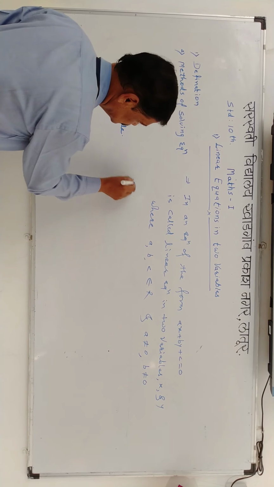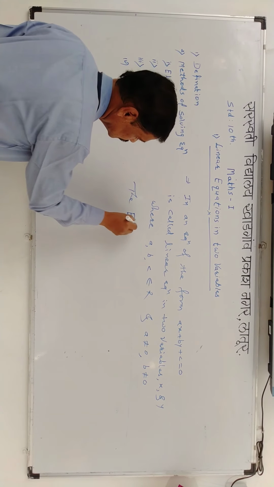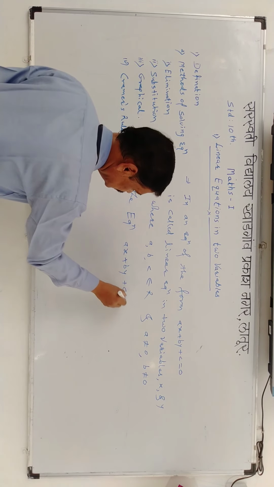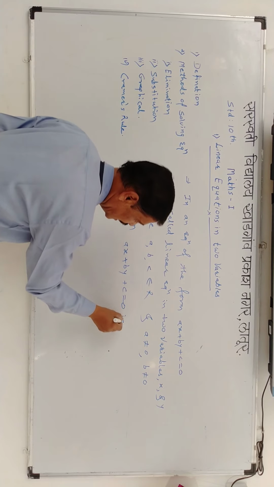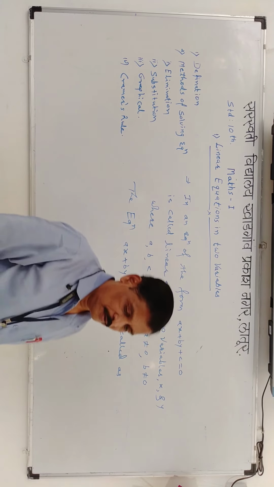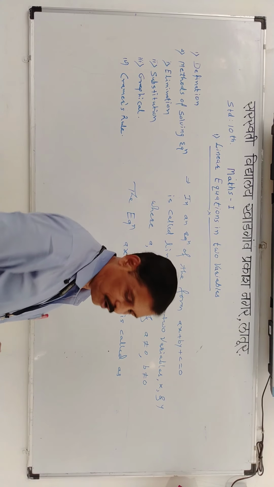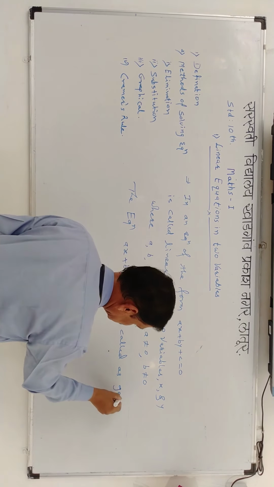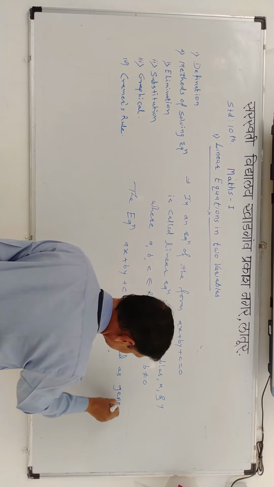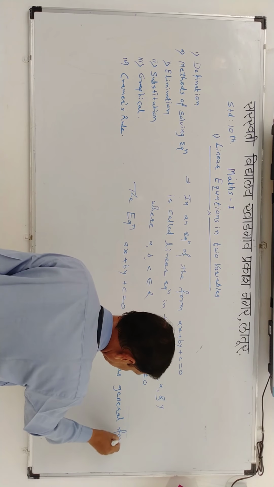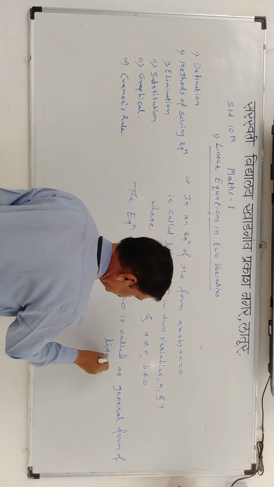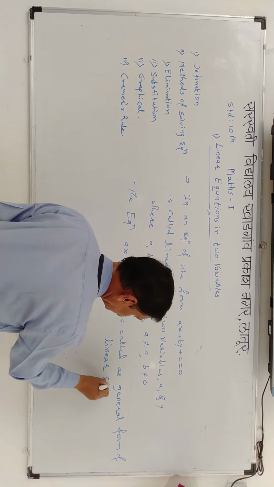The equation ax plus by plus c is equal to 0 is called the general form of the linear equation.